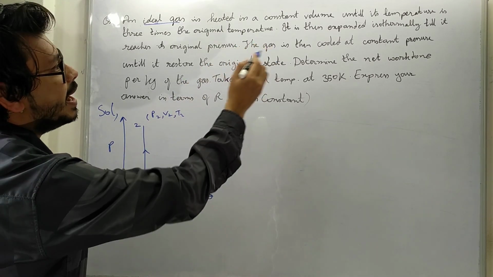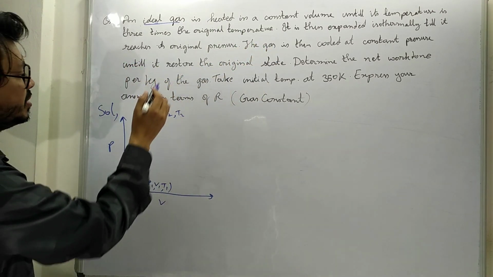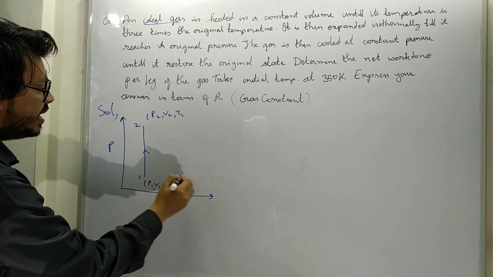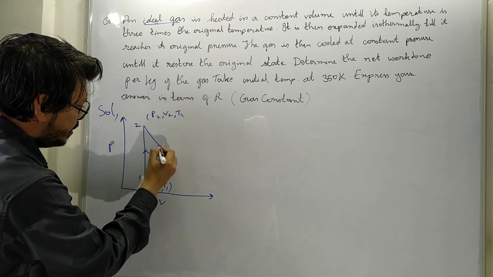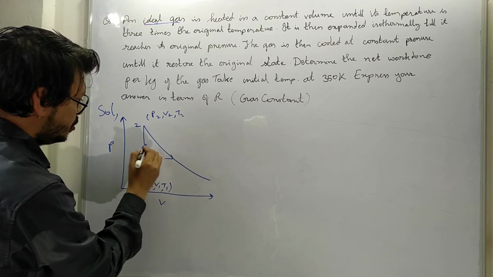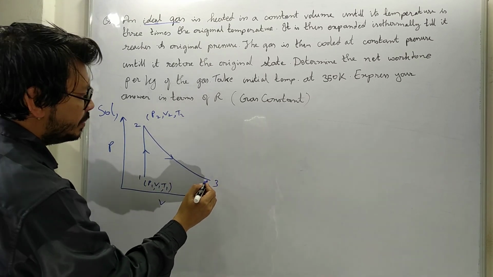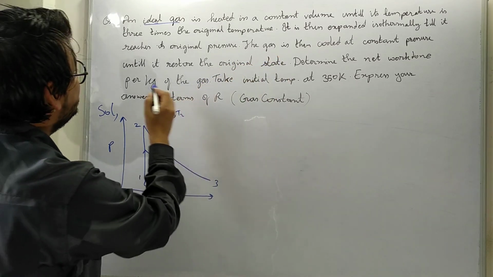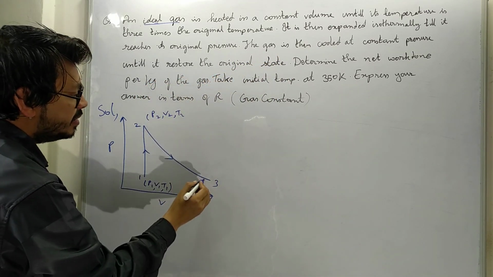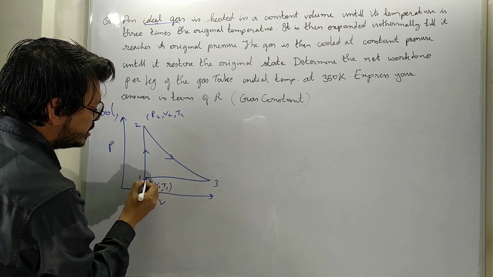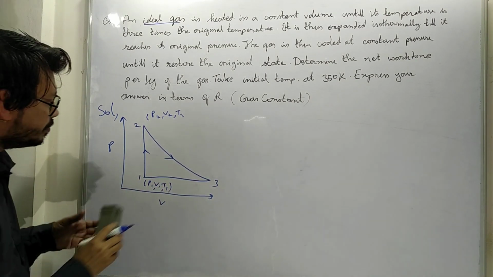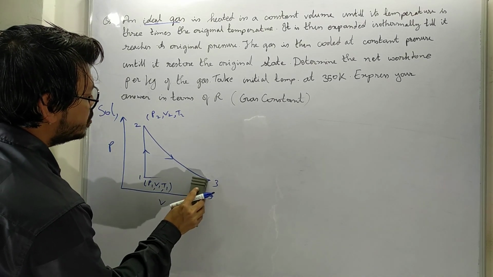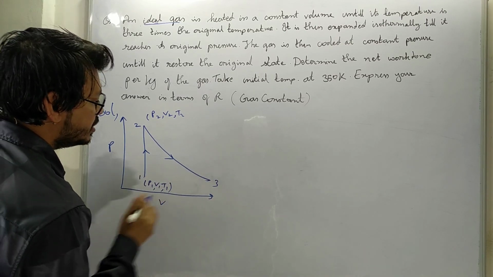It is then expanded isothermally till it reaches its original pressure. So this is our isothermal expansion, 2 to 3, such that the pressure at 3 is equal to the pressure at 1. The gas is then cooled at constant pressure until it restores the original state.